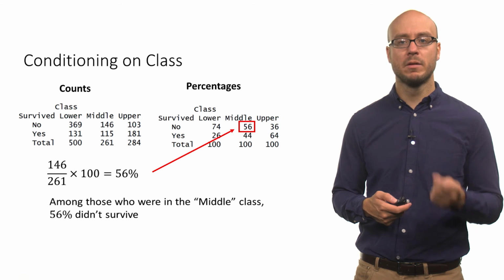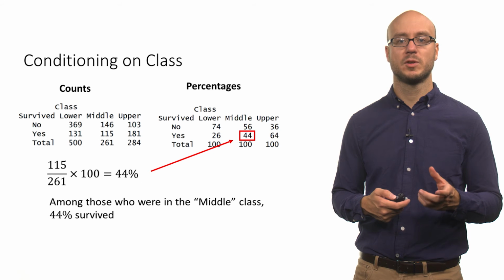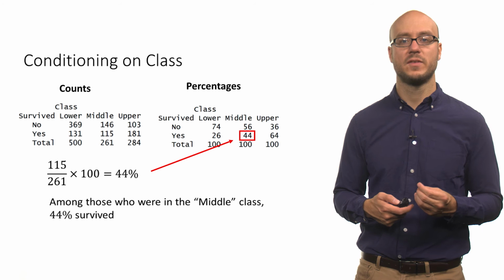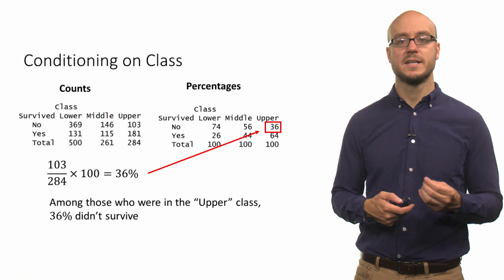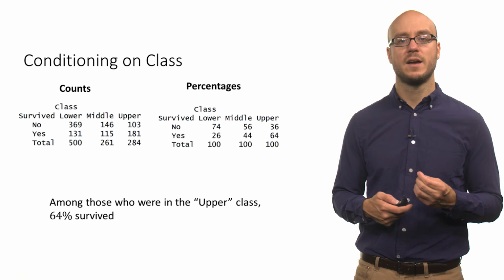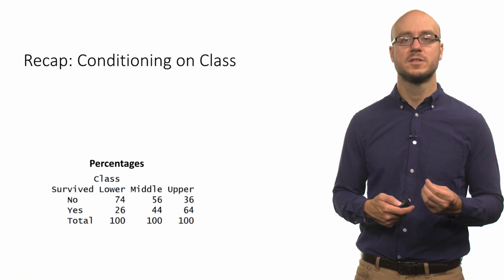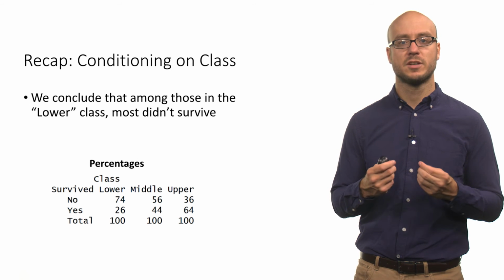Among those who were in the middle class, 56% didn't survive and 44% survived. And among those in the upper class, 36% didn't survive and 64% survived. So conditioning on class also suggests a relationship.